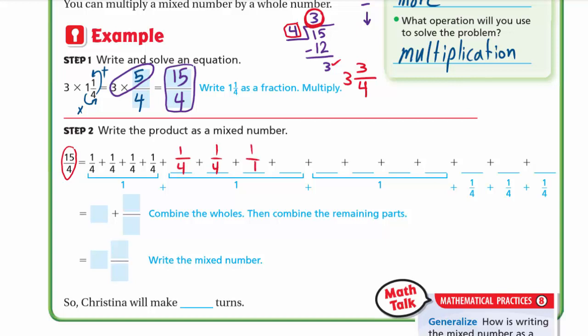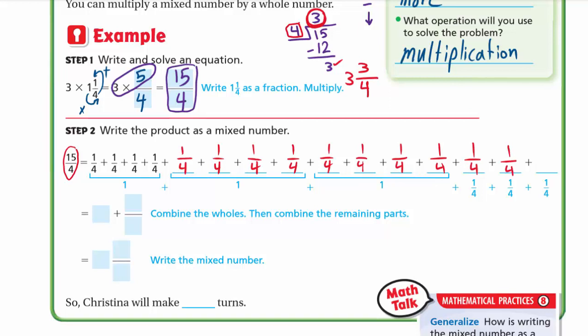He writes it 15 times. And we know 4/4 make 1. So each 4/4 are 1. So this is 1.